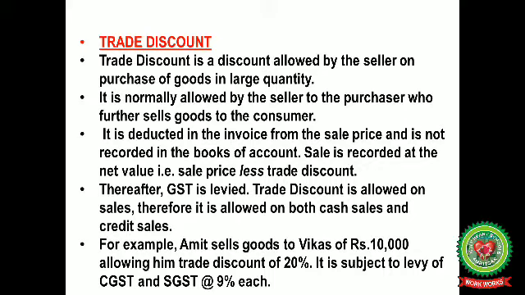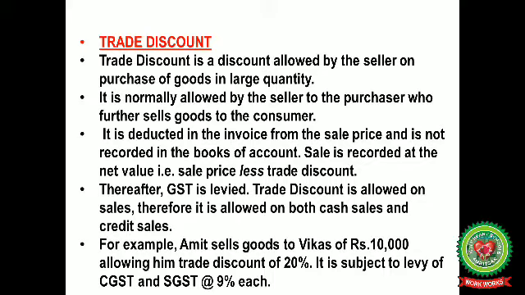For example, Amit sells goods to Vikas for rupees 10,000, allowing him a trade discount of 20%. It is subject to a levy of CGST and SGST at the rate of 9% each. So, when you apply 20% on 10,000, it will be 2,000.